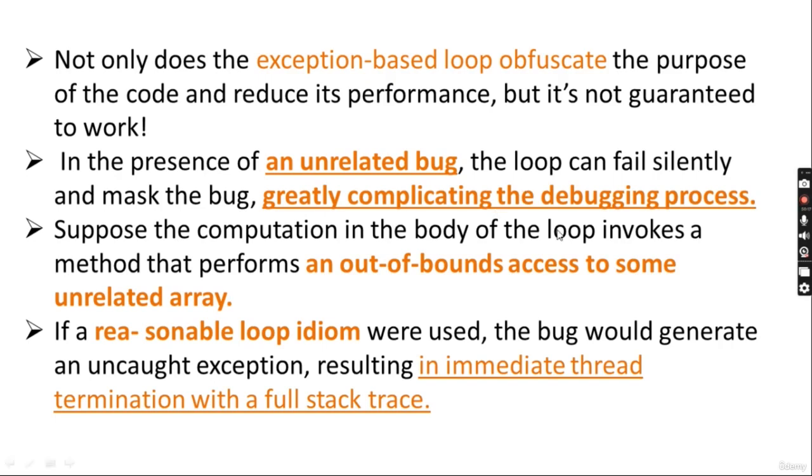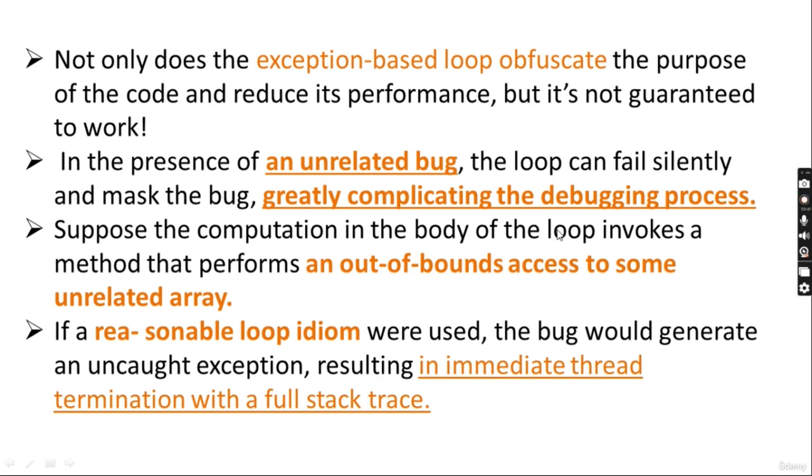Not only does the exception-based loop obfuscate the purpose of the code and reduce its performance, but it's not guaranteed to work. In the presence of an unrelated bug, the loop can fail silently and mask the bug, greatly complicating the debugging process. Suppose the computation in the body of the loop invokes a method that performs an out-of-bounds access to some unrelated array.